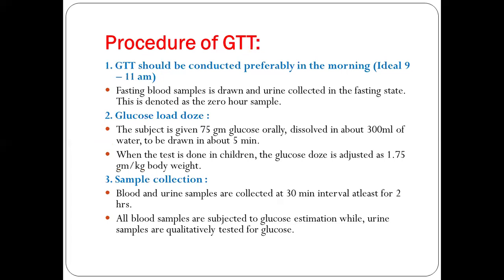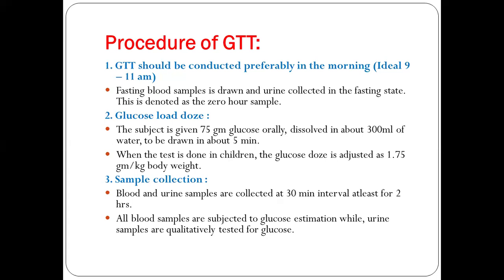So coming to the procedure. First, GTT should be conducted preferably in the morning. Morning time is the best. The fasting blood sample is drawn and urine is collected in the fasting state.